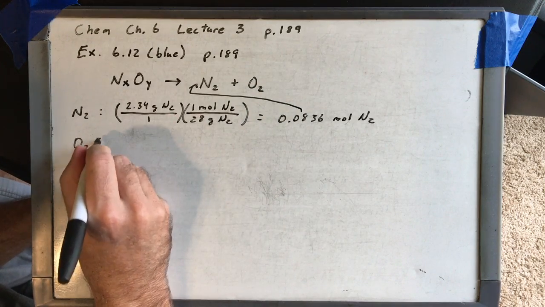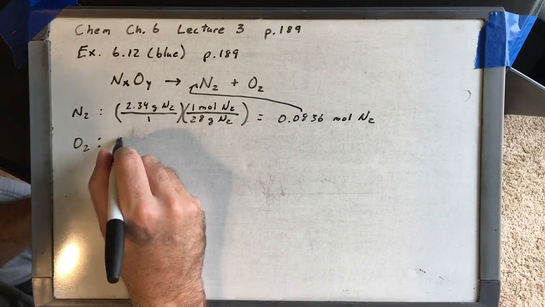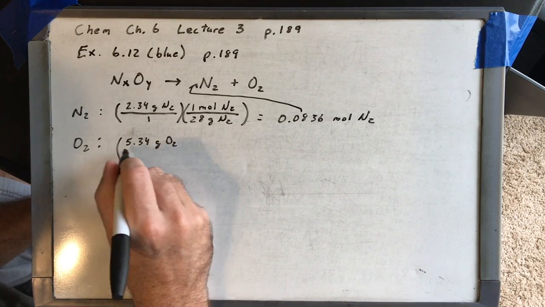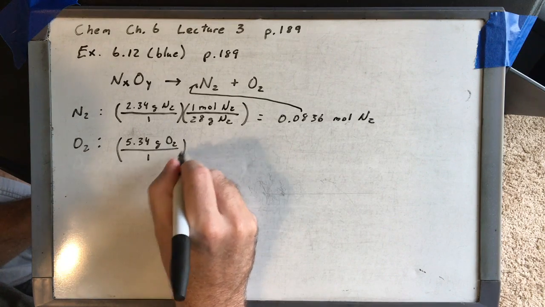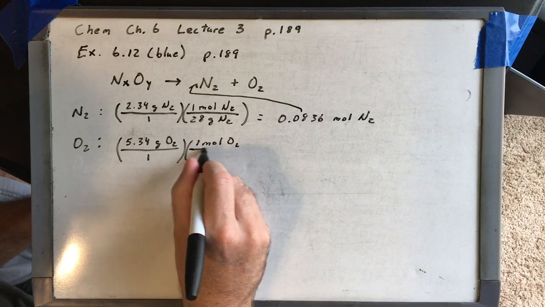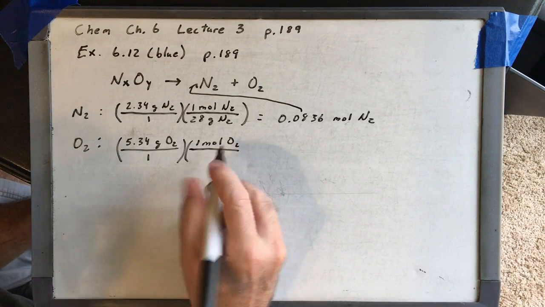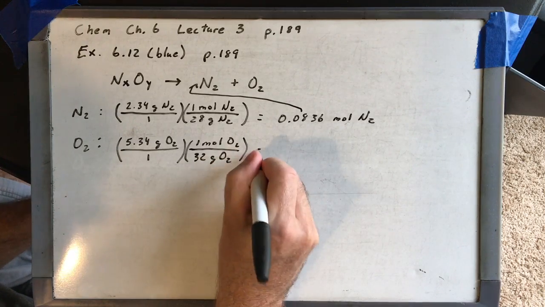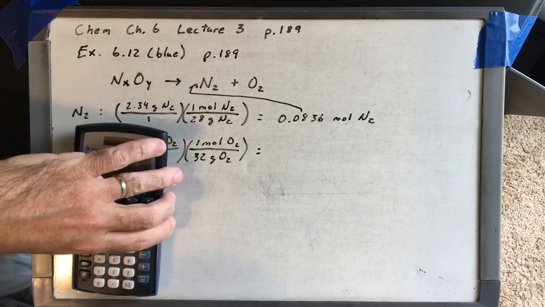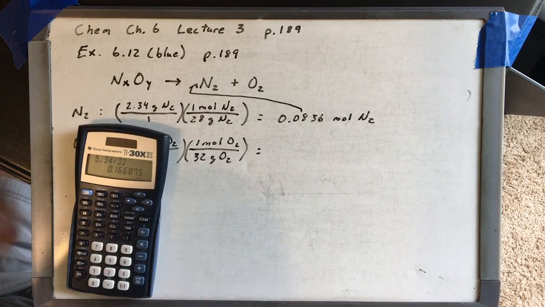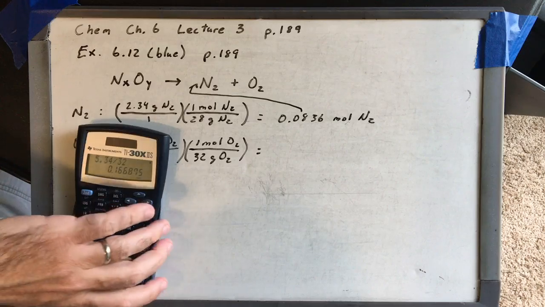Then O2, the problem says we've got 5.34 grams. So let's change that to moles. Oxygen, from the periodic table, each oxygen is 16, so that'd be 32. So 5.34 divided by 32 is 0.1669.